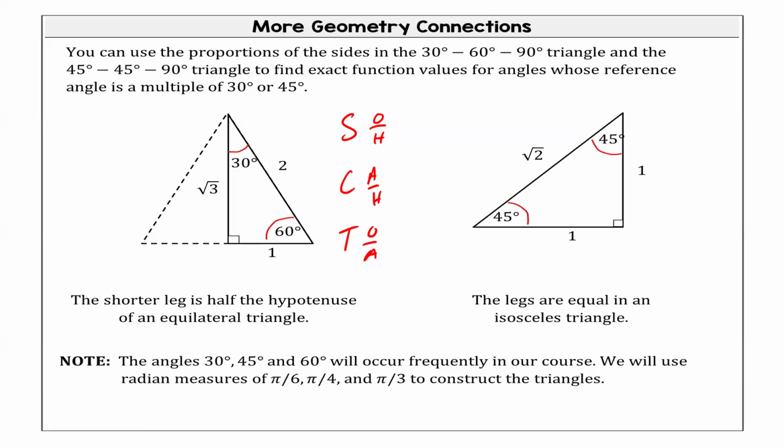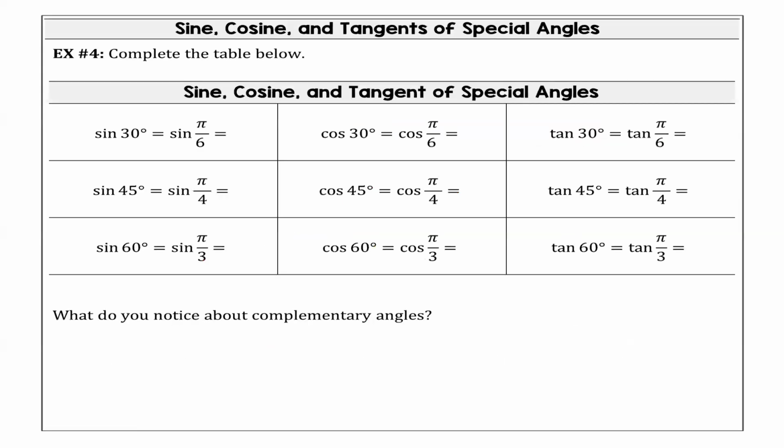So what I want you to do is we're going to complete the table right here using only the triangles. Okay. So using only the triangles and SOHCAHTOA, you're going to figure out finding the sine value. So find the sine of 30, the sine of 45, the sine of 60.